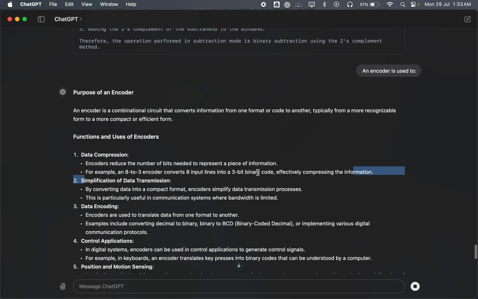It is basically used for data transmission, right? So yeah, converting decimal to binary. So yeah, binary to binary coded decimal.